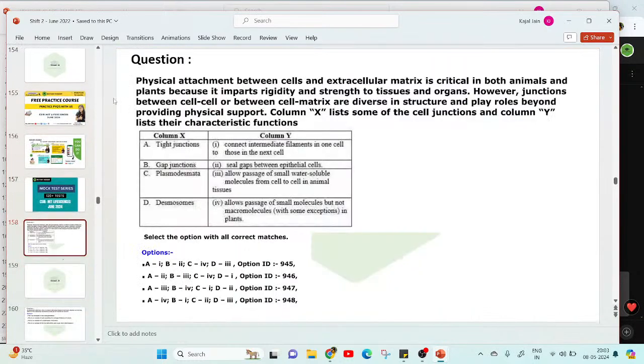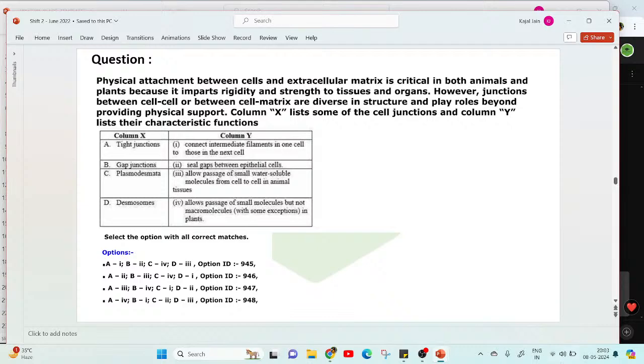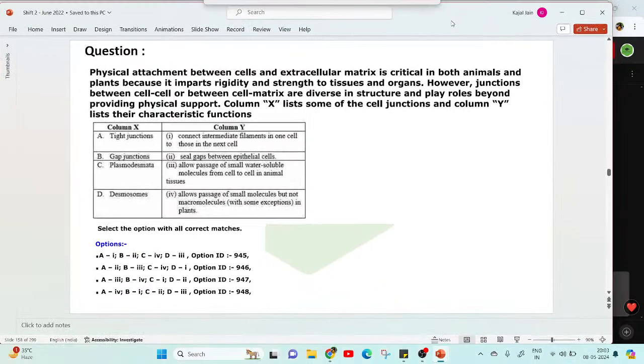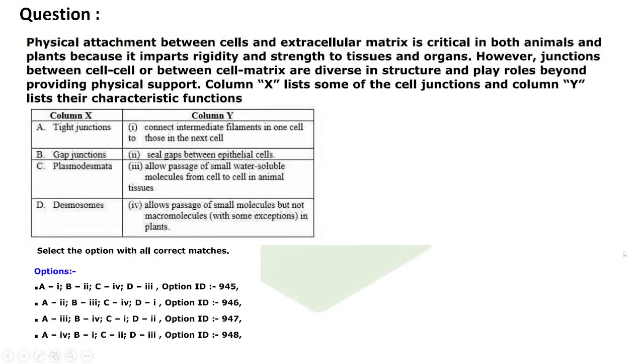The question is from your unit number 4, that is cell signaling and communication. Try the question.